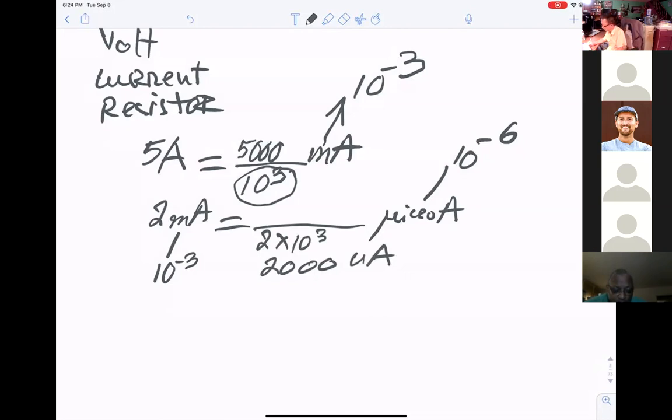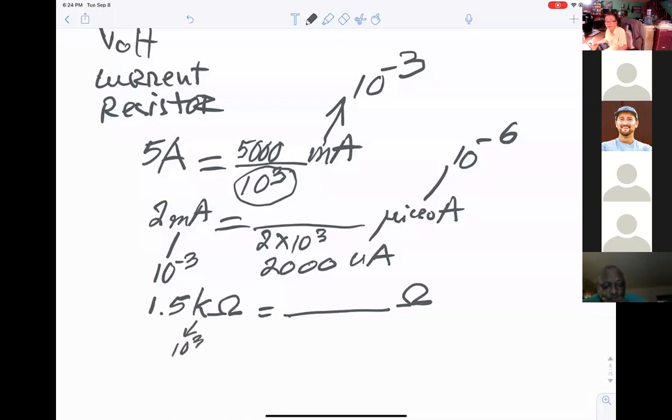Okay, one more. I get 1.5 kilo ohm. I want to know how many ohm. 1500. Very good. The thing is, kilo is 10 to the power of 3, that means 1000. So if you want to know, you take 1.5 times 1000, which gives you 1500.